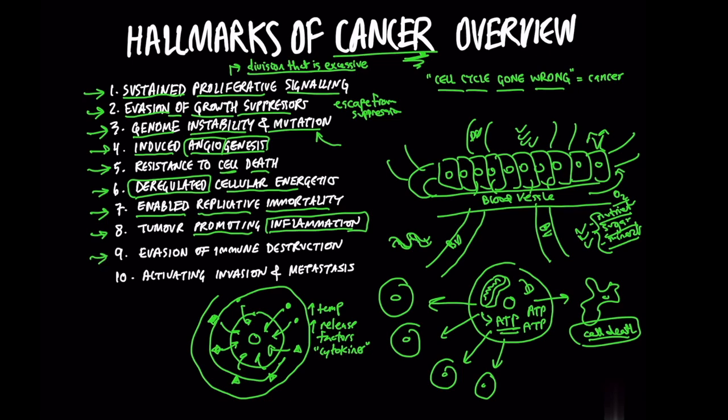Hallmark number 9 is related to the immune system. The immune system normally is able to recognize and destroy cancer cells, but if there is evasion of the immune destruction, then immune cells come along.